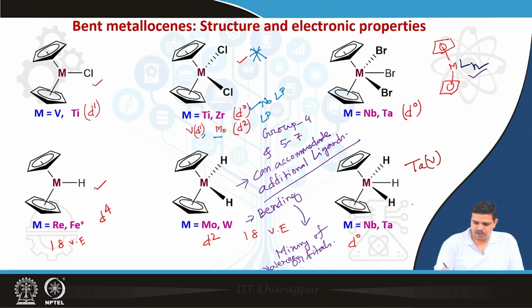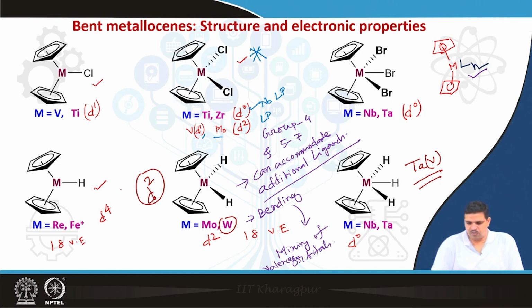We also discussed the tantalum 3, how the chemistry is interesting. We also discussed the W, that is the tungsten, with the d2 electronic configuration, how it undergoes interesting reactivities.